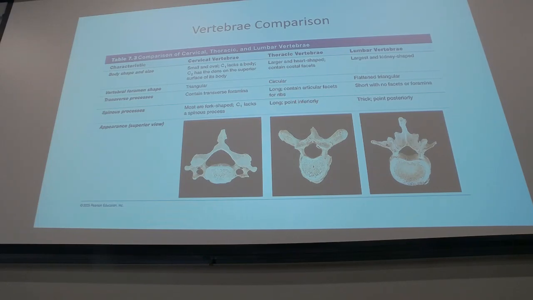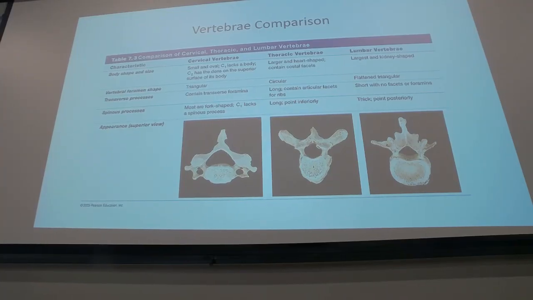The body of the vertebrae is the part that faces anteriorly and is separated by the intervertebral disc, and it specifically has the function of carrying the weight of our body.